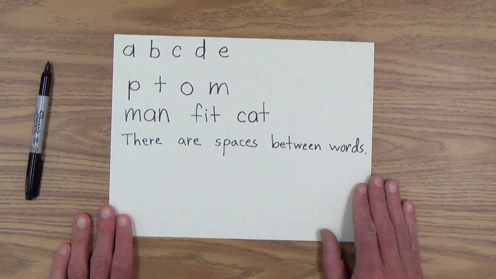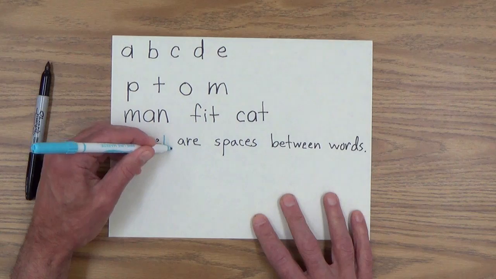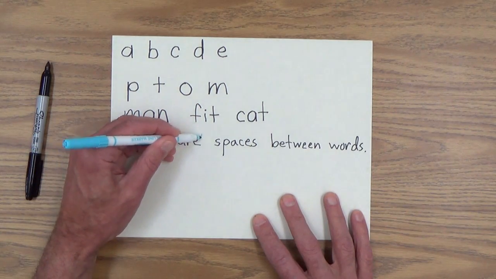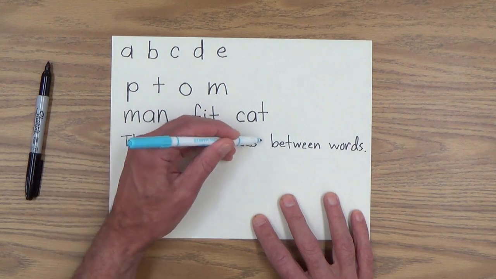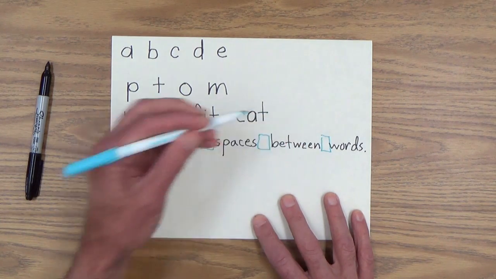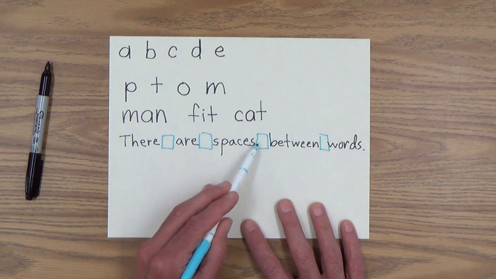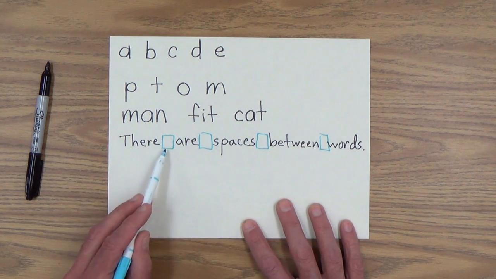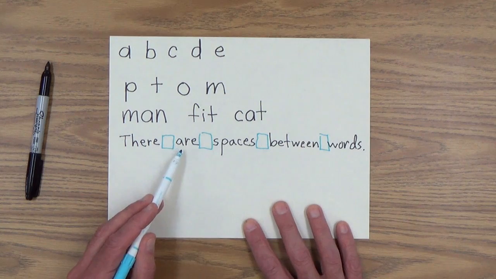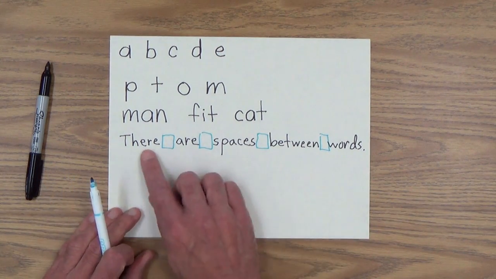However, if your child is having some confusion, you could do this. I'm going to take a different colored marker here, and you could do this to show your child the spaces between the words. And you could say, look, you see that empty space there? I put a little box around it. Those are the spaces between the words. And now you could have him or her try to count them again.